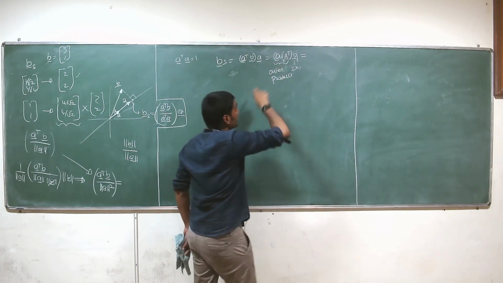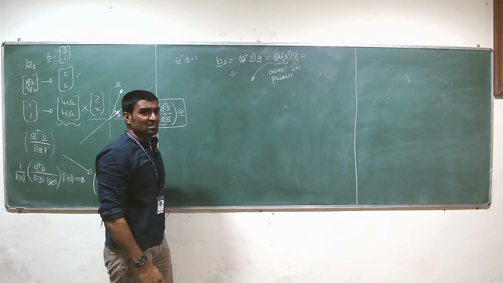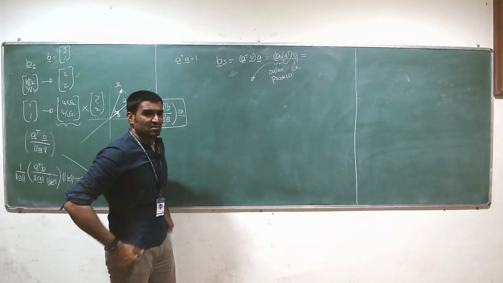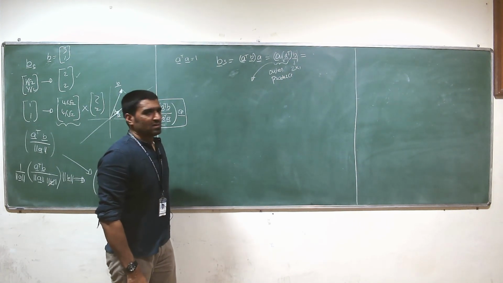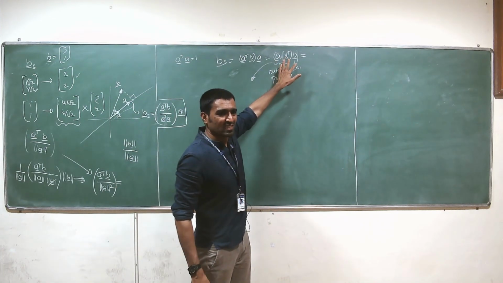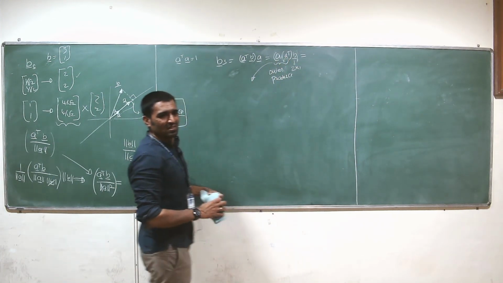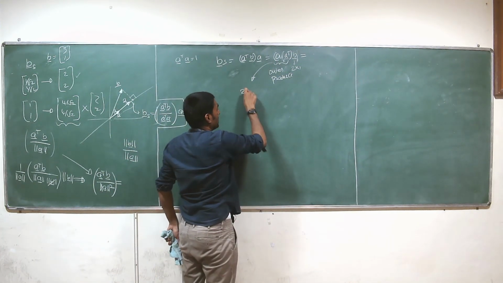Right? And what is the shape of this entity? Is that a vector? Is that a matrix? Is that a scalar? You just apply the conditions for matrix multiplication and tell me. This is of size 2 cross 1.